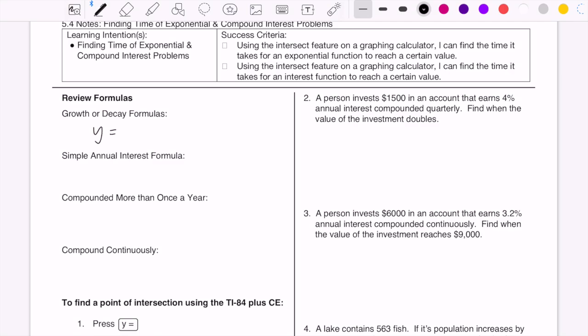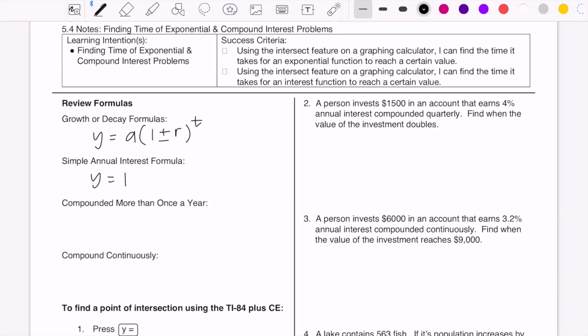If it's growth, it's 1 plus r to the t, and if it's decay, it's 1 minus r. The simple interest is the principal amount times 1 plus r to the t, just the growth formula with a different initial value, calling it P instead of A. More than once per year is going to be 1 plus r over n, to the nt.